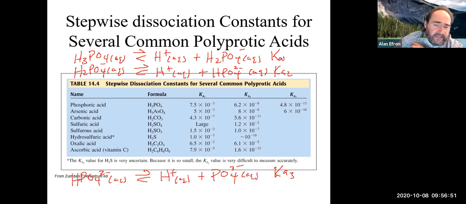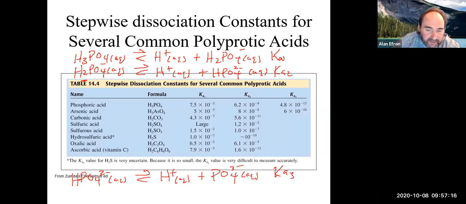For a couple of reasons: after we remove the first H plus, we're left with something that has a negative charge, and you're trying to remove something that's positive. It's going to hold it tighter, so it makes it much harder to remove, and even harder as you get to that third H plus. So it's much easier to remove that first H plus than the second or even the third.